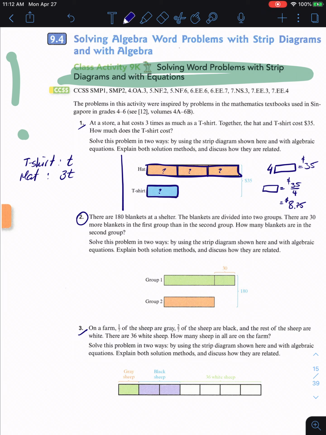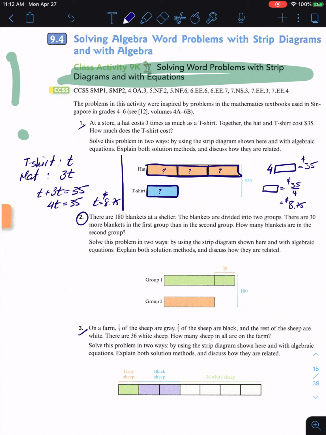And then we know that the 2 of them together are 35. So T plus 3T equals 35. So 4T is 35. What times 4 is 35? Well, T is $8.75.